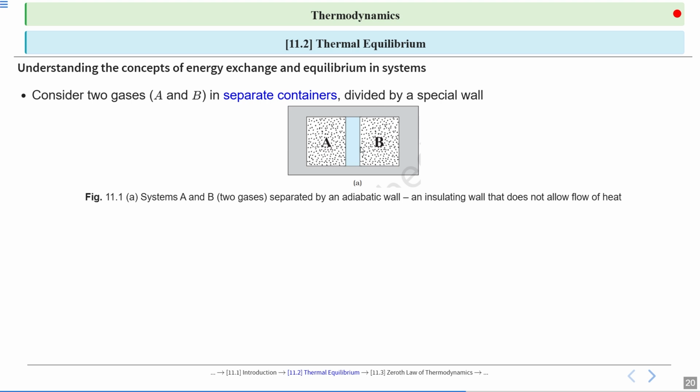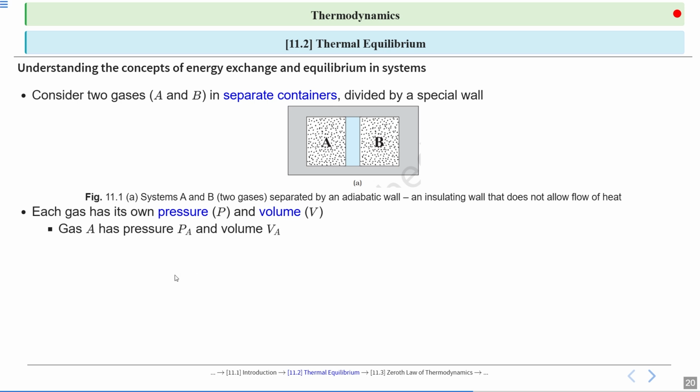Gas A and gas B each have their own pressure and volume. Gas A has pressure PA and volume VA. Gas B has pressure PB and volume VB respectively.